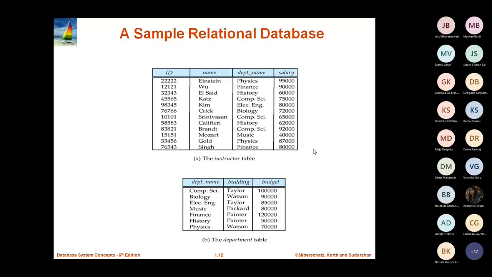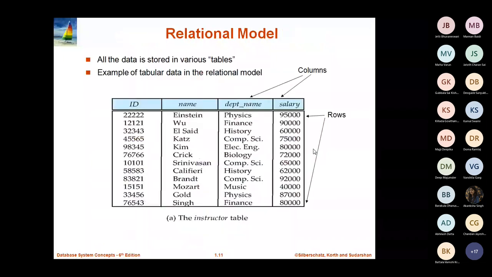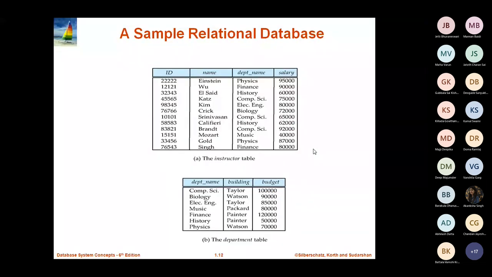Sample relational database. We have this first one, the instructor table or the instructor relation, which is this one. Each of these is called a table or a relation. Then here I have one more table or relation, which has these 3 columns: department name, building, and budget, where we have computer science, say, located in the Taylor building, with a budget of 100,000, and so on.